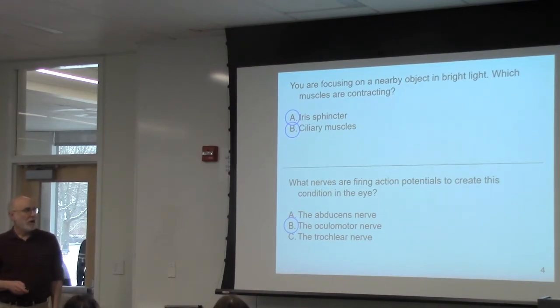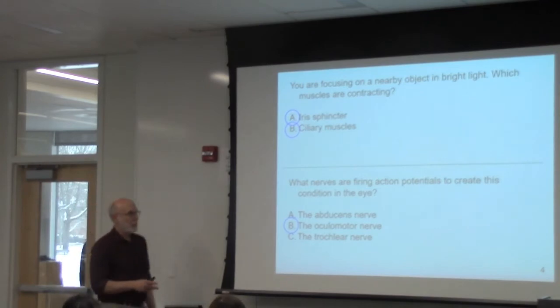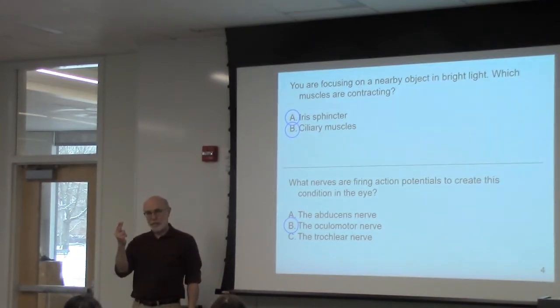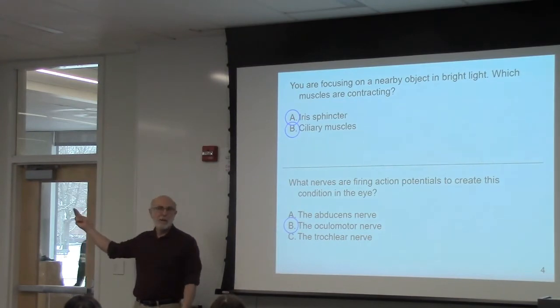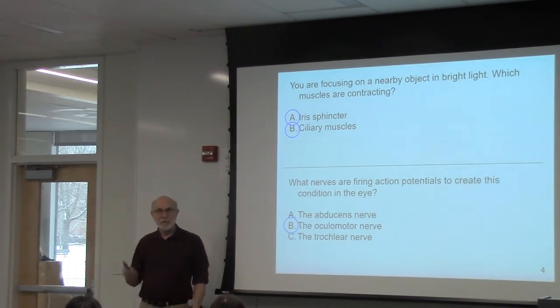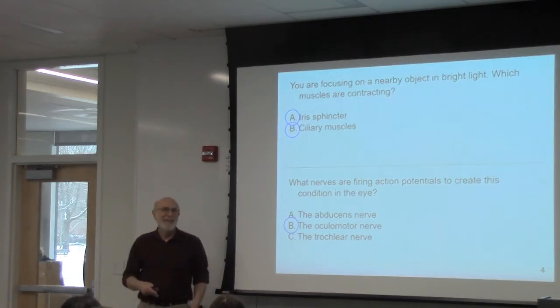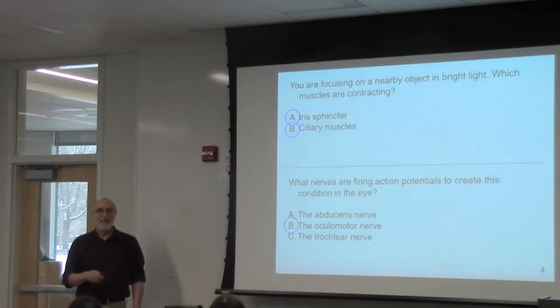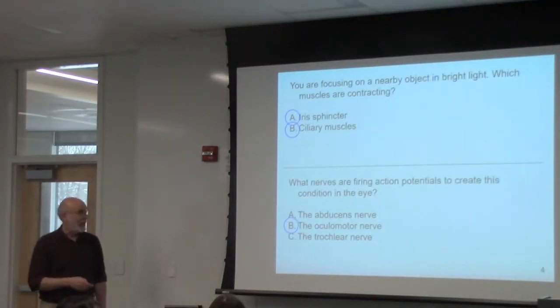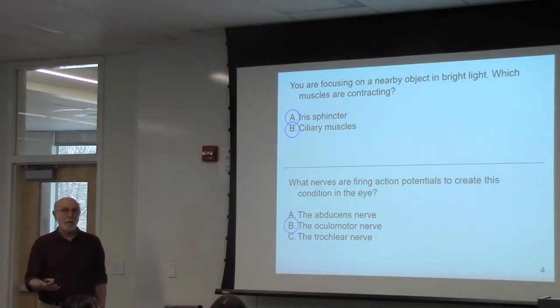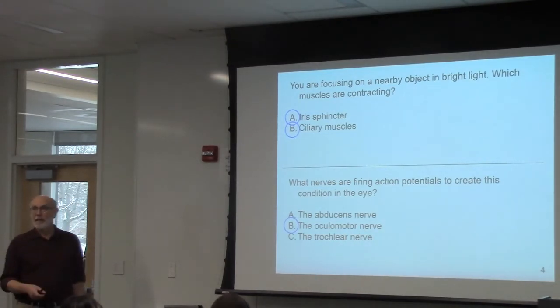I suppose there are action potentials going on in the other nerves, but the abducens nerve is used to abduct the eye. It's here, right? It's not out here. So we're not abducting our eyes. The cochlear nerve, I don't even know when. We use that in sort of a subtle way. So that was sort of a red herring distractor answer. The oculomotor nerve innervates both the iris and the ciliary muscle.